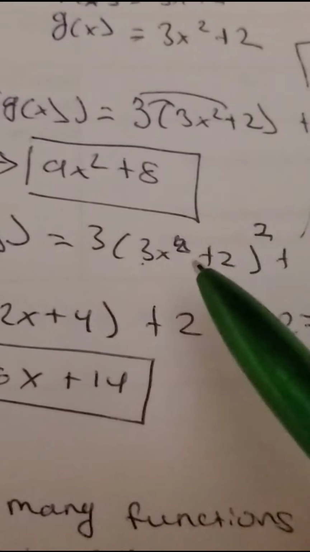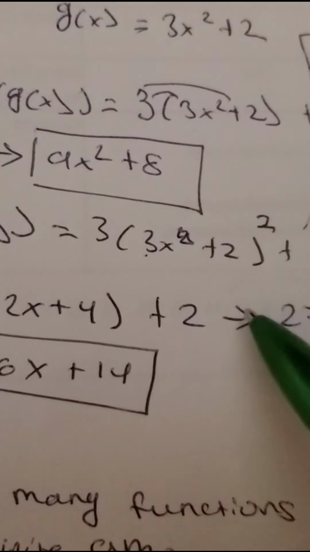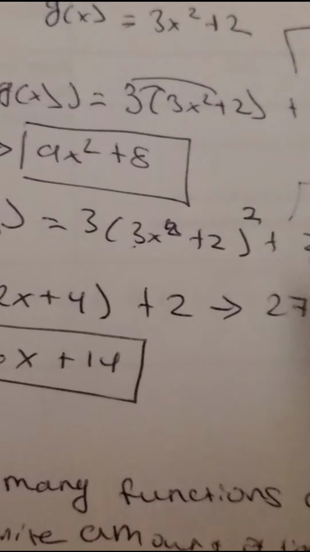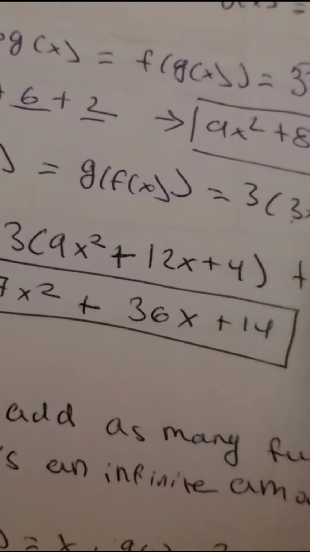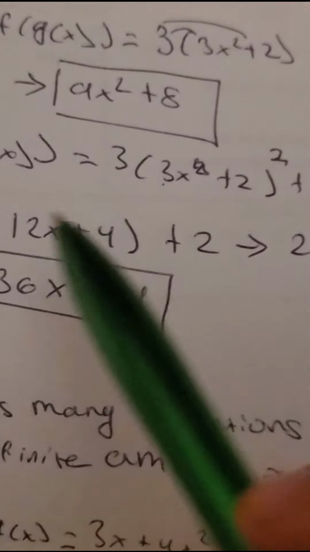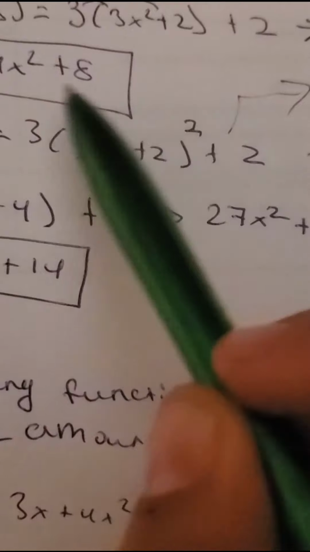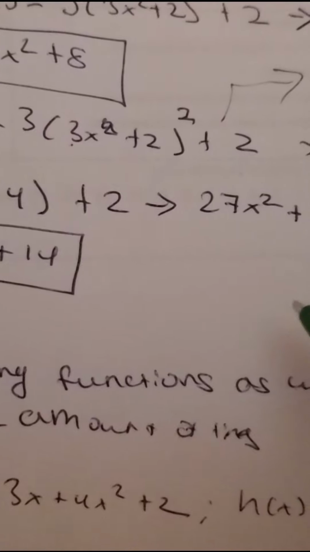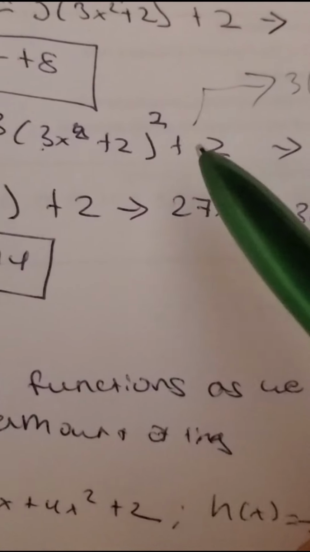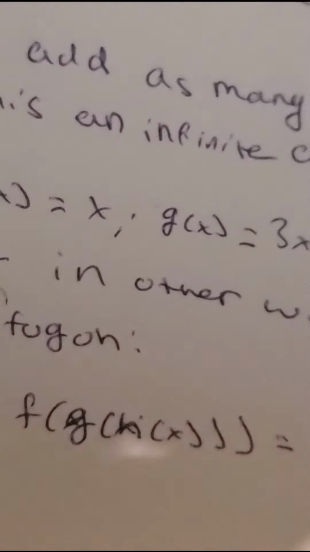Which comes out to 3 times (3x plus 2) squared, plus 2. Simplified down even further, that's 3 times 9x squared plus 12x plus 4, plus 2. Distributing even further, we expand the binomial and get 27x squared plus 36x plus 12 plus 2, and clean it up one last time, we get 27x squared plus 36x plus 14. So as you guys see, every time we compose a function, it completely changes the function in general.